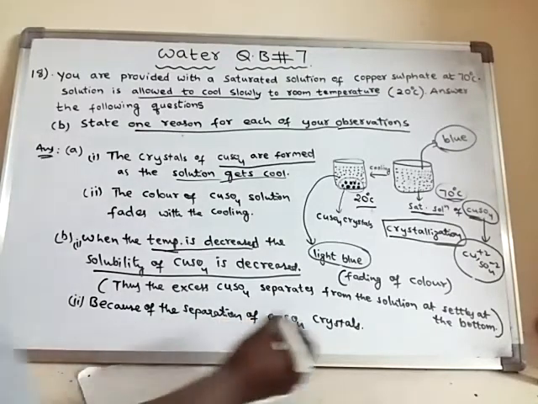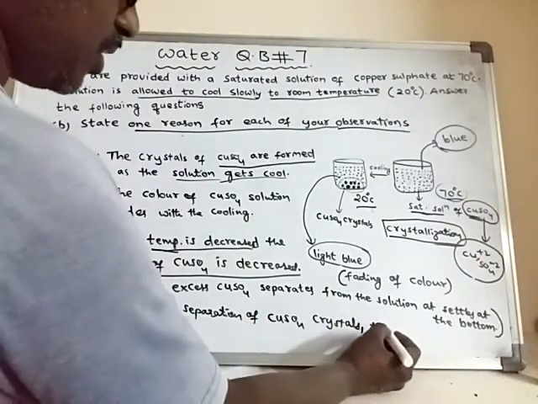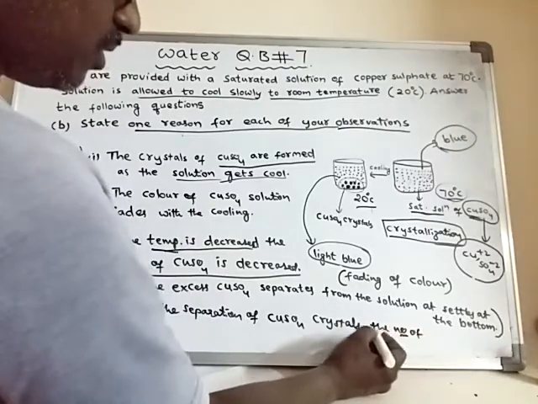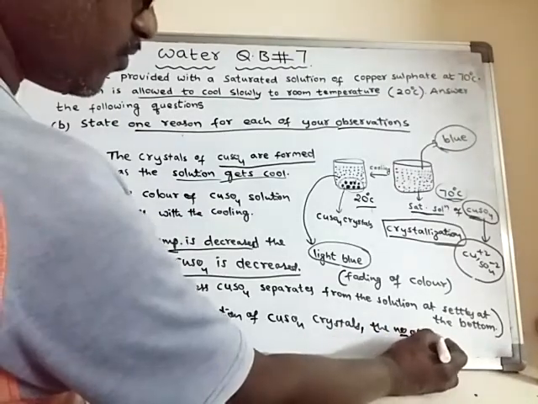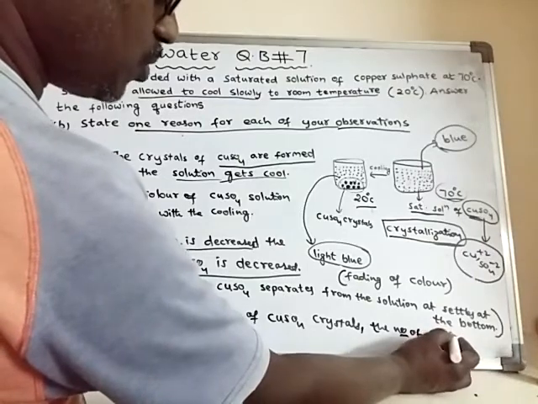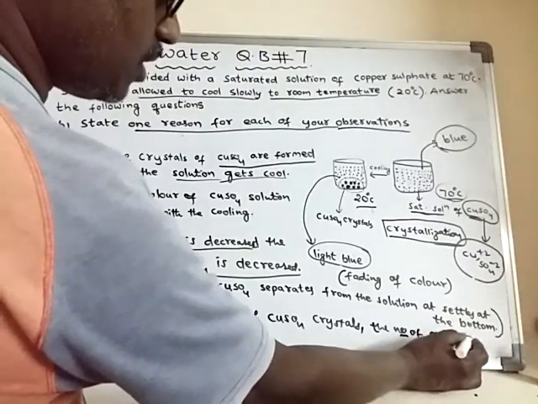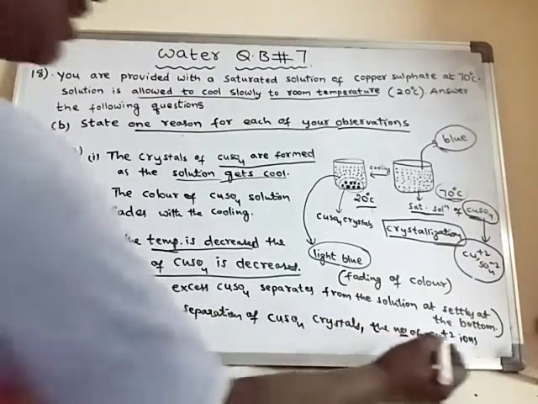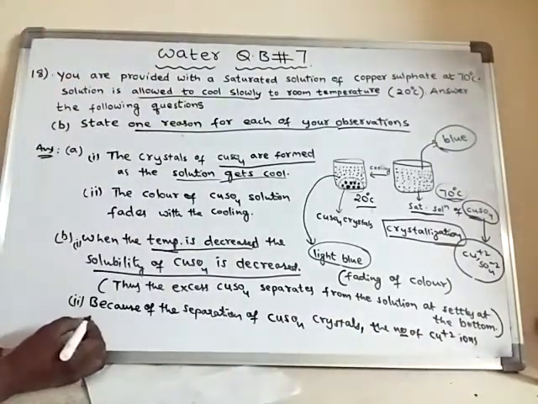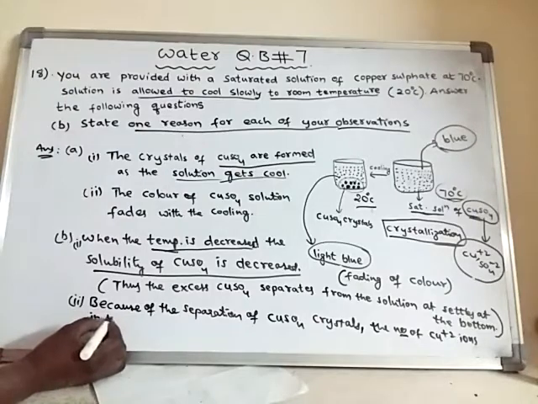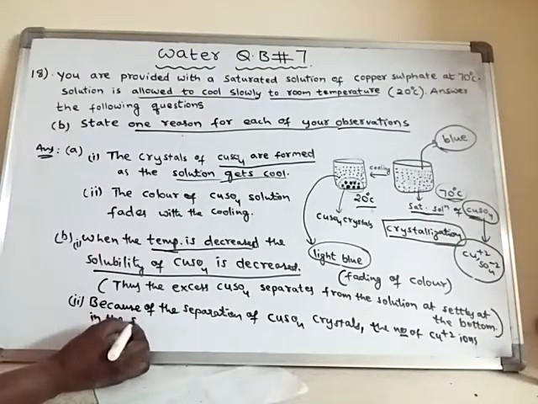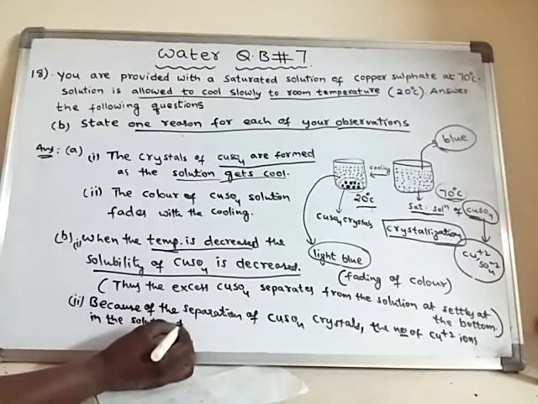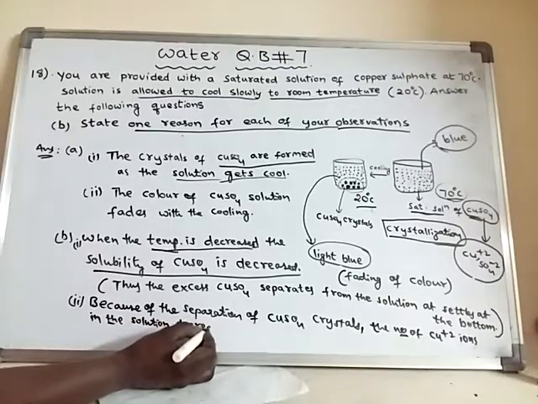The number of copper ions in the solution decreases. Why is it decreased?